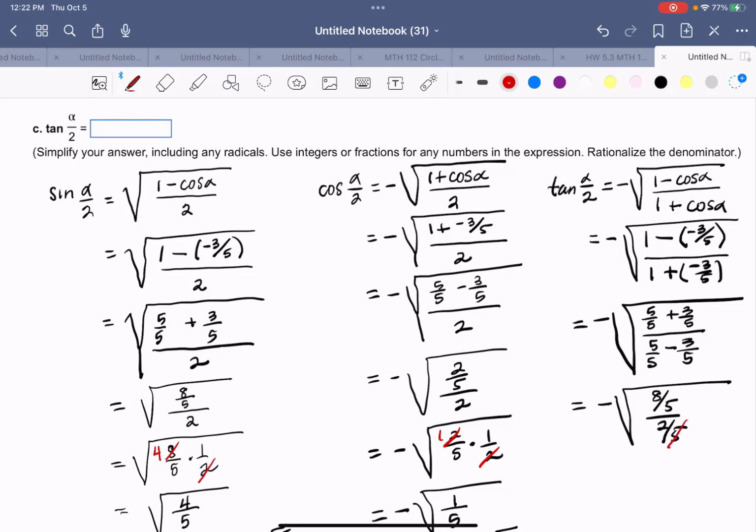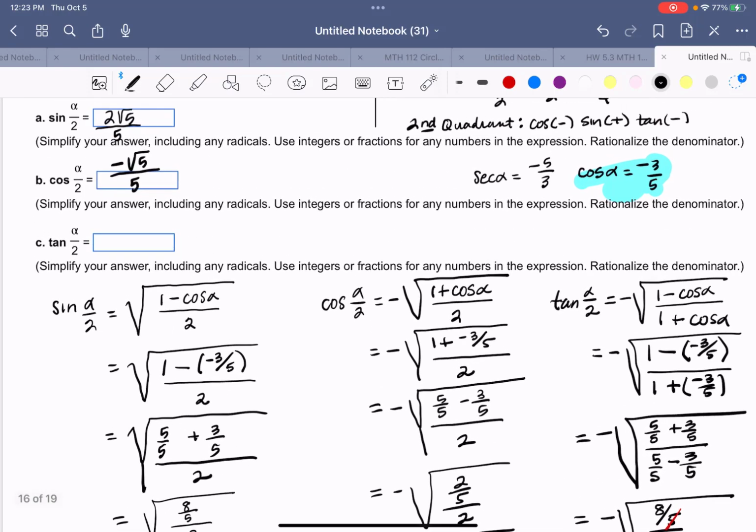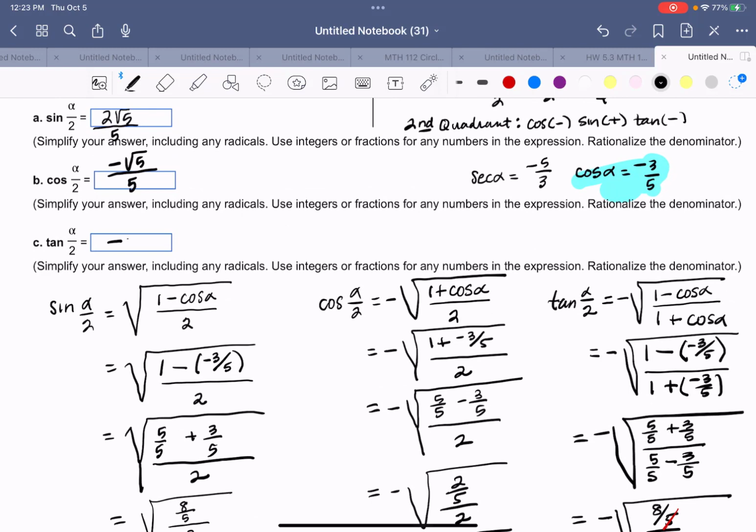And those 5's will cancel out if you invert and multiply. So this is just going to be the negative square root of 8 over 2, which is the negative square root of 4, or minus 2. So my final answer for the tangent of alpha over 2 is minus 2.